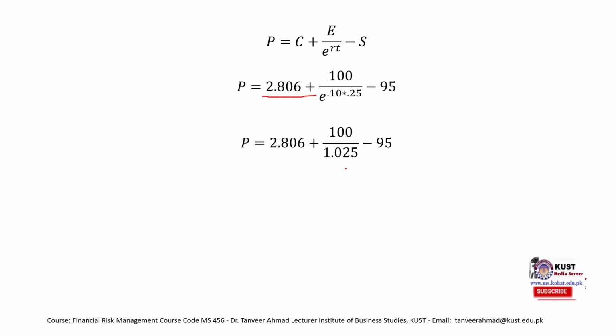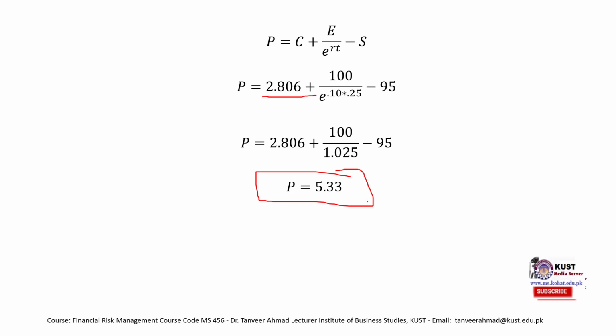If we simplify this, we get the value of P is equal to 5.33. So for this specific asset, the put option's intrinsic value is 5.33.